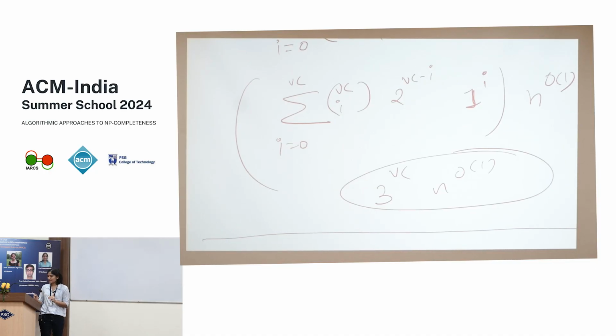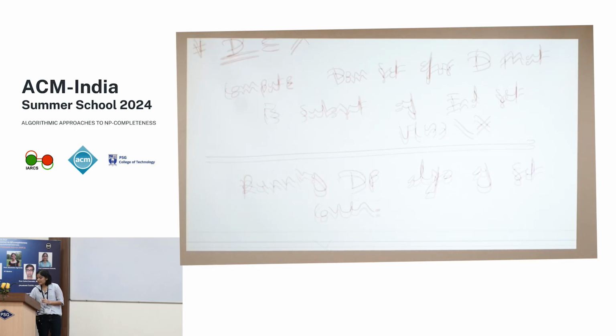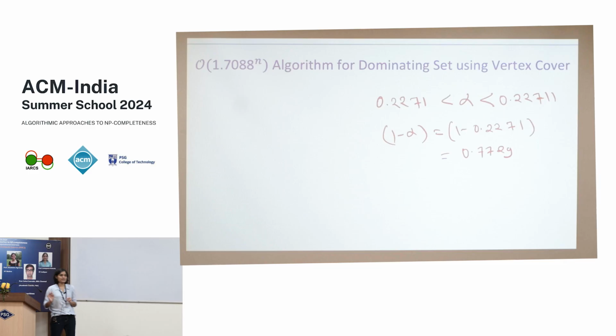Okay, so let me just take 5 more minutes and tell you how this 2 power vertex cover helps me in getting better running time for dominating set. I said one thing in the beginning, that maximal independent sets are also dominating sets, right? So let me just observe 2 things.